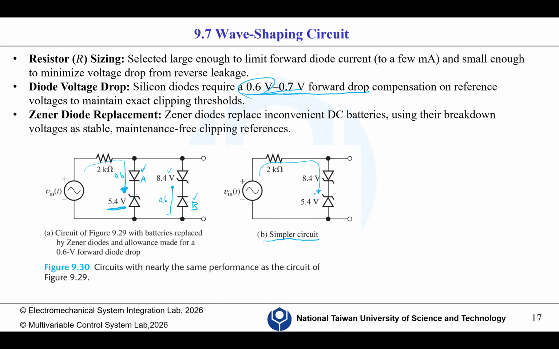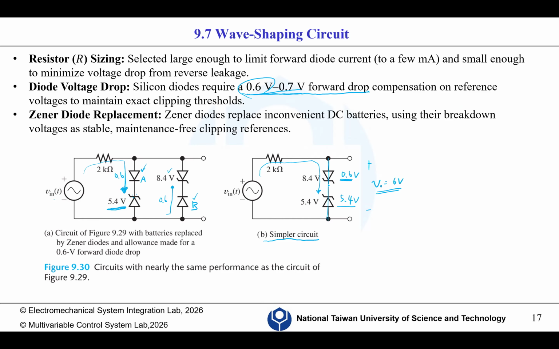When the input is positive, this diode has a voltage drop of 0.6 volts, and to make this branch turn on, you need to overcome 0.6 volts and also the 5.4 volts of the Zener diode, and then VO will be 6 volts.